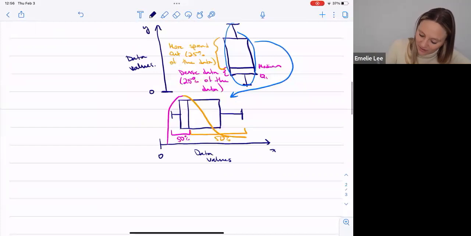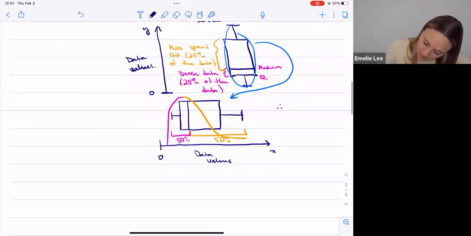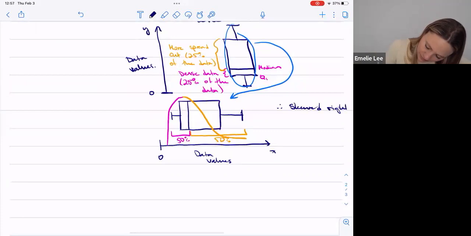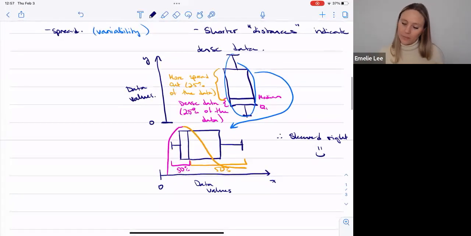And so here, this would be, therefore, it's skewed right. Okay. A lot harder when you just have a box plot, right? So sometimes I'll just do both, right? Kind of consider both. Okay, good.